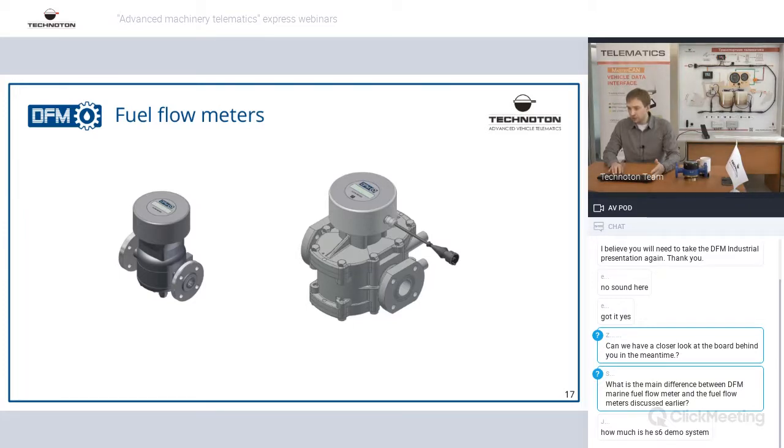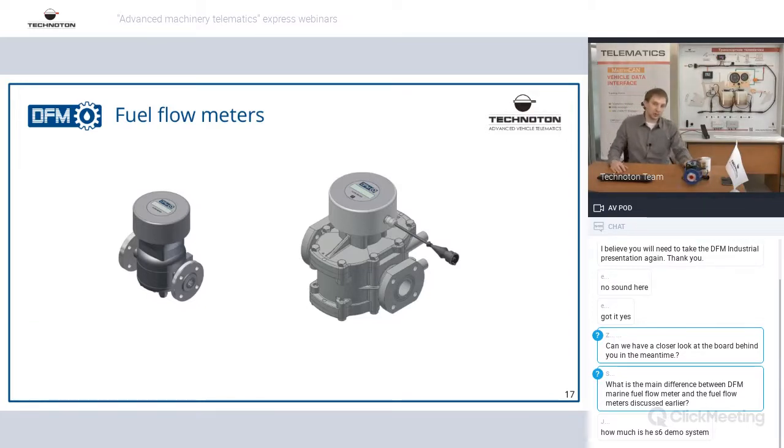So talking about DFM industrial and DFM marine. As I said earlier, there's a difference between DFM marine and DFM industrial. DFM marine and small DFMs with flow rates from 0.5 liters an hour up to 4,000 liters an hour, the biggest DFM marines that we have.